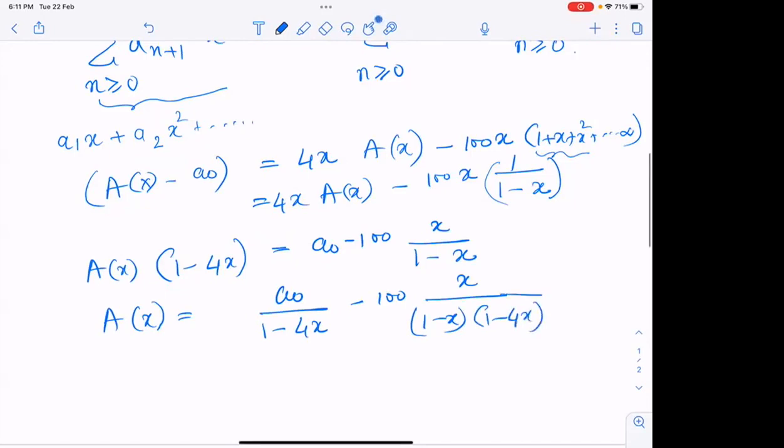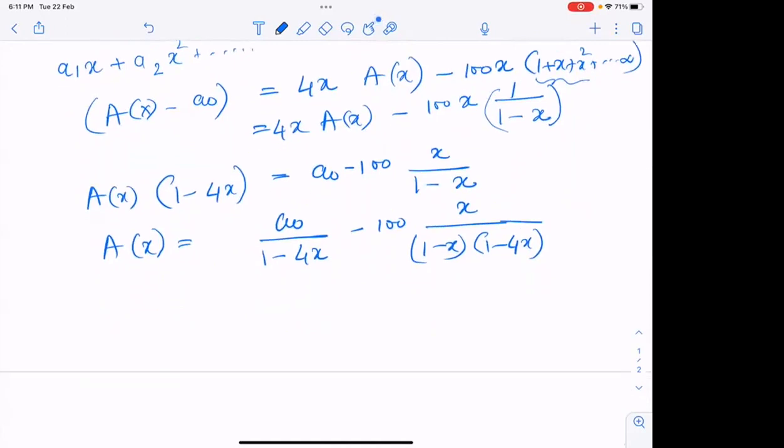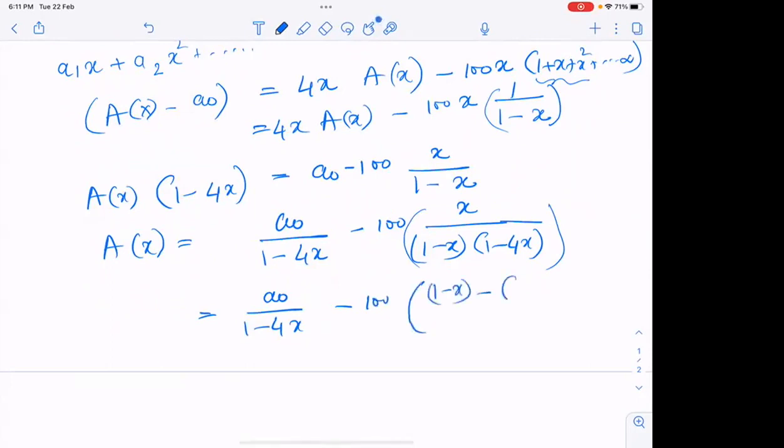This is just our simple manipulation. Let's continue writing it. Whenever you have this kind of term, the basic idea is to use partial fractions. So I'll write 1 minus x minus 1 minus 4x.